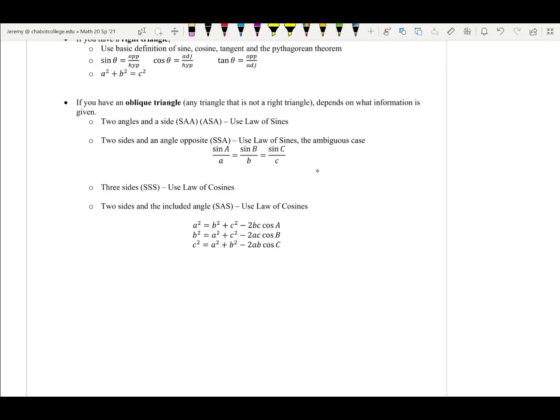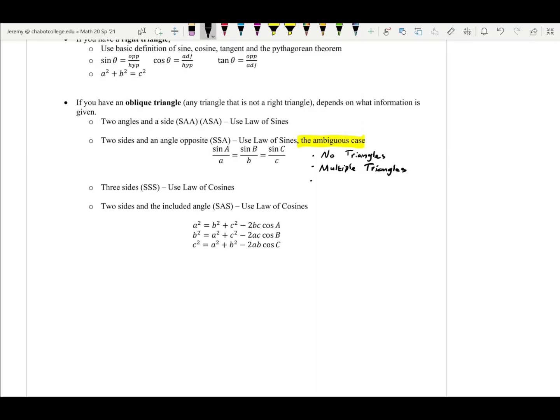But be careful, because this is the ambiguous case, right? You might remember in section 5.3, there were some cases where we had no triangles defined. Sometimes we would have multiple triangles defined, which would result in solving two triangles, so we had to do double the work. We don't particularly like this case, but it happens.